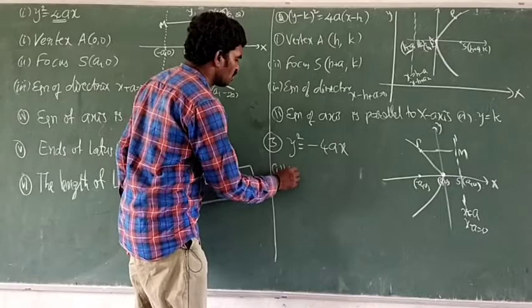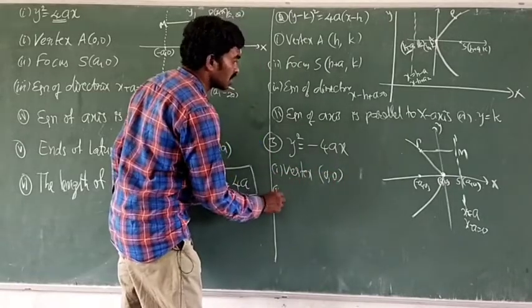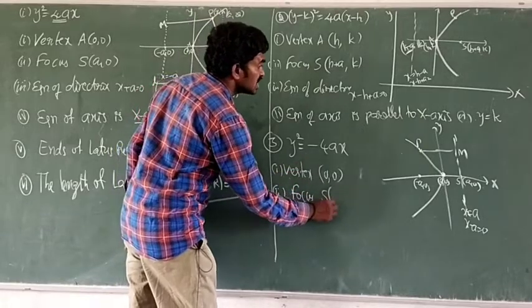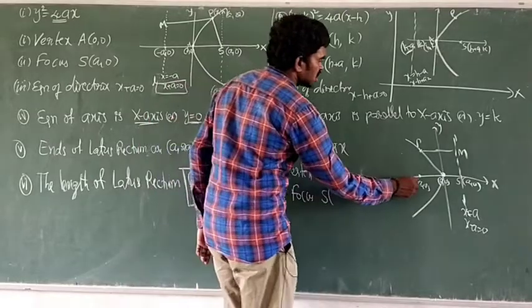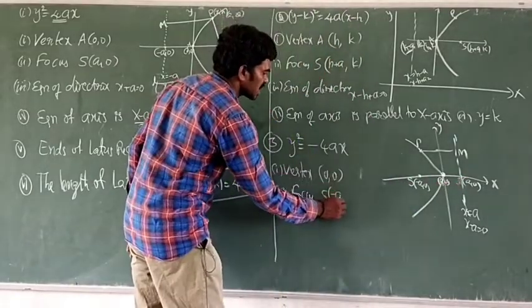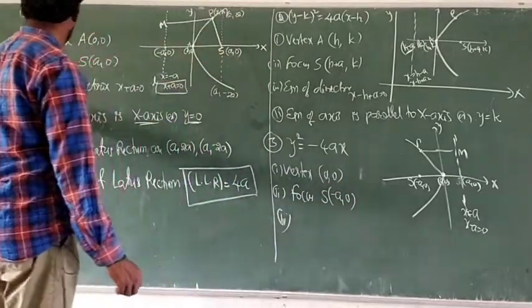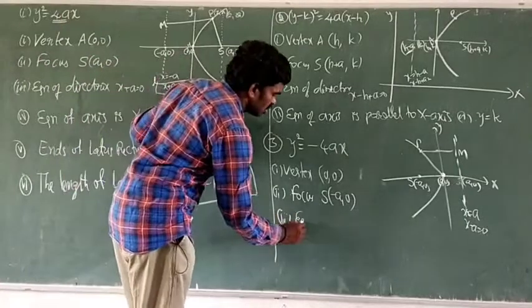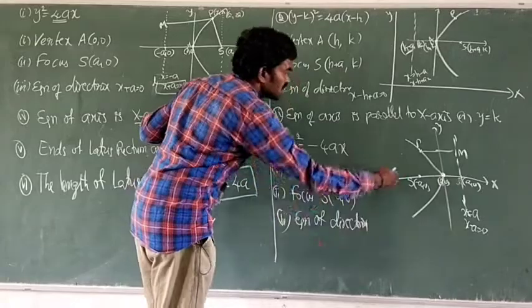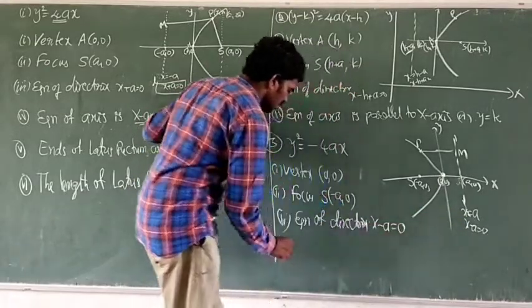First one, vertex is (0, 0), no change. Second one, focus S dash is (-a, 0). Third one, equation of directrix: x minus a equals 0.